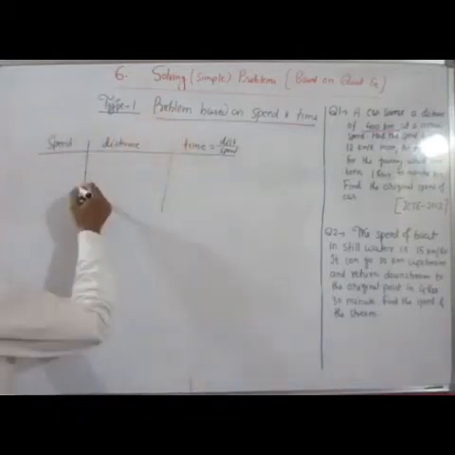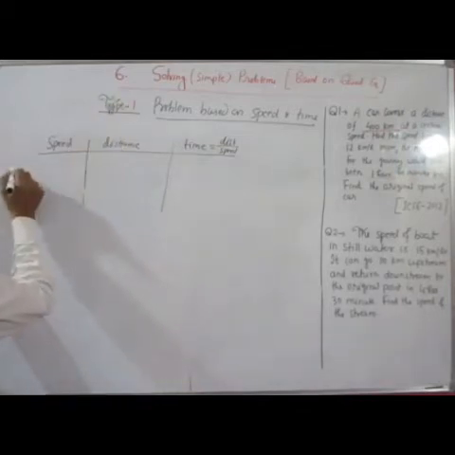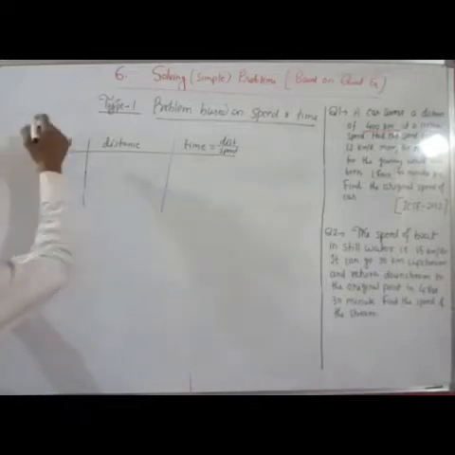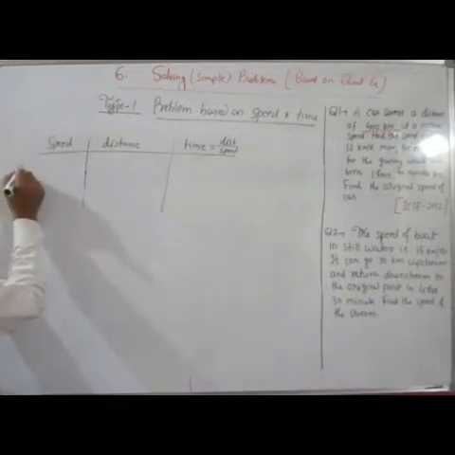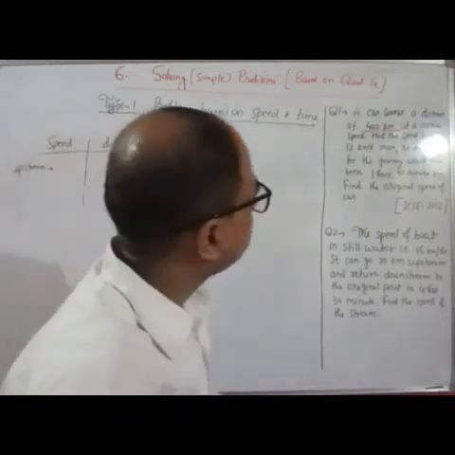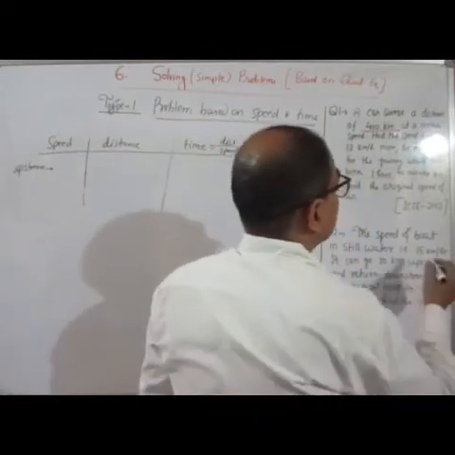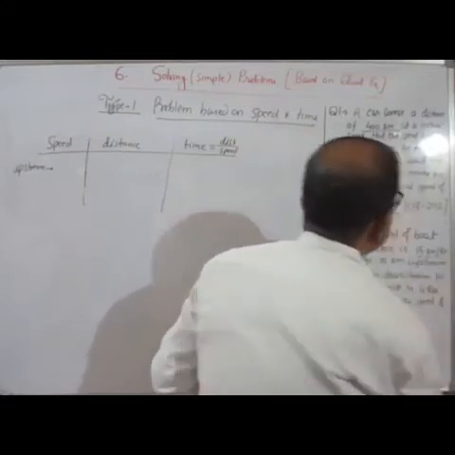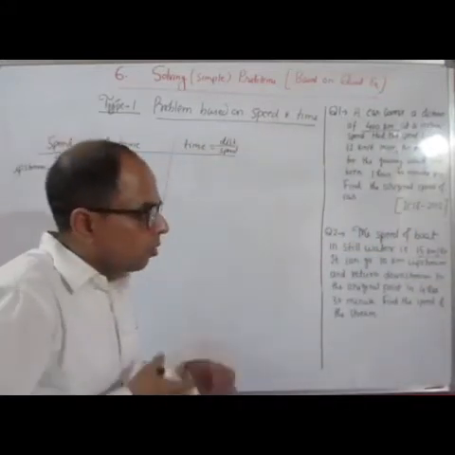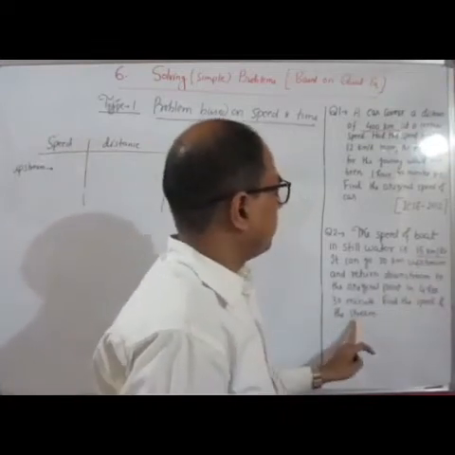So here, speed in upstream. So let the speed of stream be x. The own speed of the boat is what? 15 km per hour. Now let the speed of stream be x.